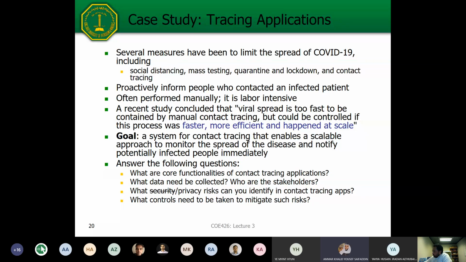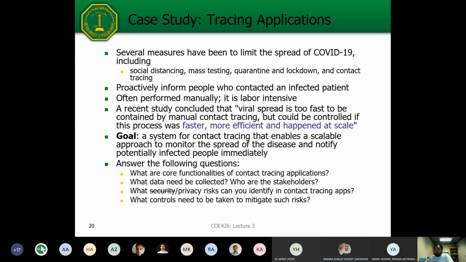For question 3, stakeholders: MOH, CITC, MOI, SADAIA, and the users of the application. For question 4, privacy risks: information leakage, and who got infected and who didn't. For question 5, applying pseudo-anonymity.